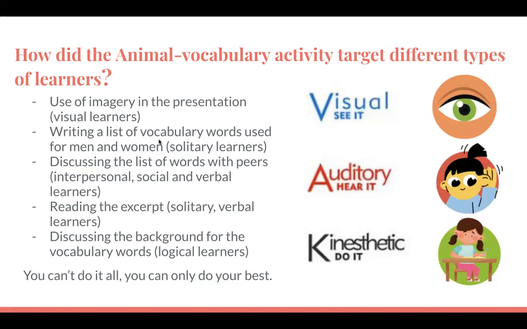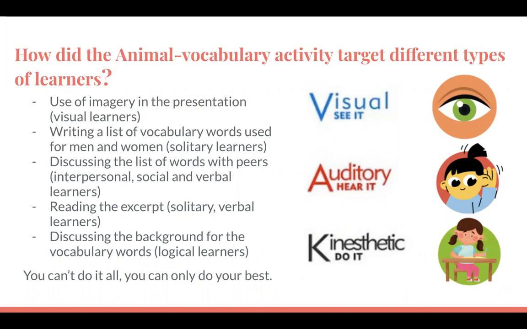So writing a list of vocabulary words used for men and women, that's for solitary learners. For you guys now, you were women and men who have just done this, because you had to come up with your own list. Discussing the list of words with peers, meaning other students, targets interpersonal, social, and verbal learners. They discuss, they listen, they expand their list, they discuss when those words are used, right?